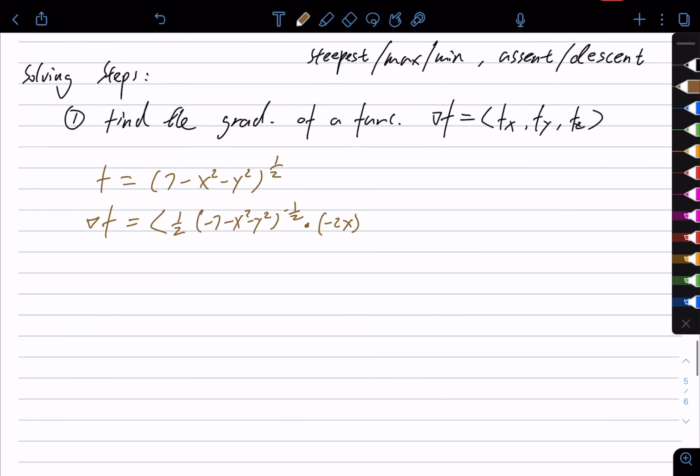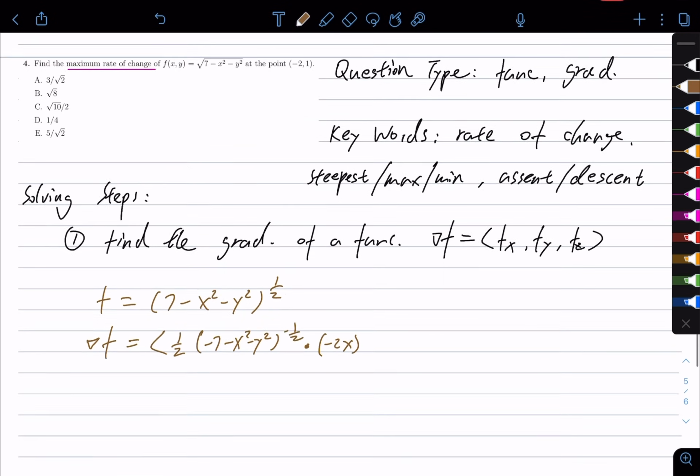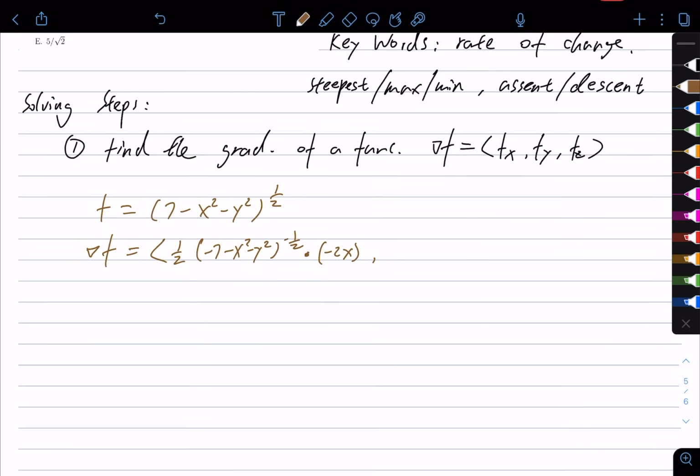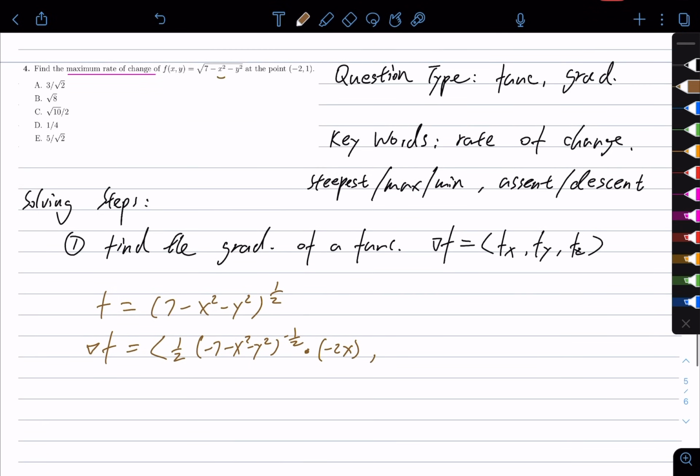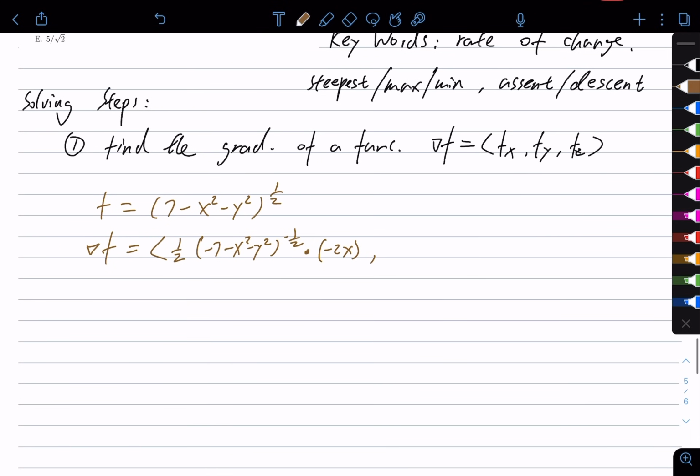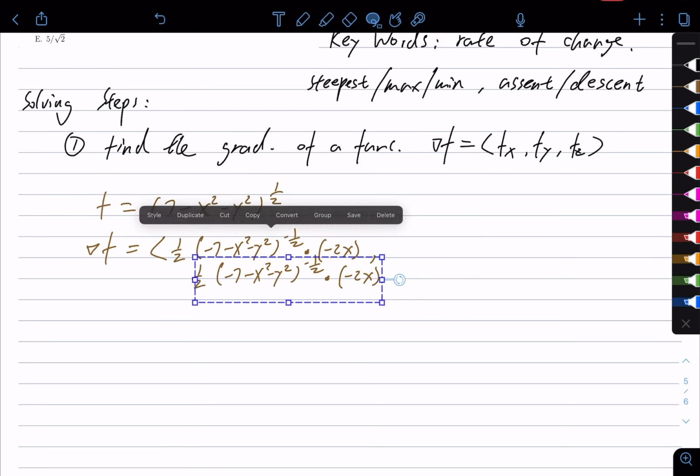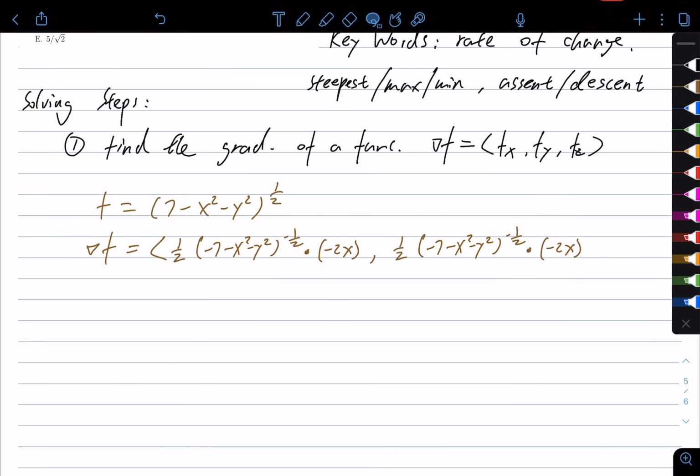Since this is a two variable function, I only have x and y, so it's just an x component and a y component. The rest is the same, but instead of 2x, it's 2y. So that's your gradient. We can simplify it a little by canceling out the 2 and the 1/2.